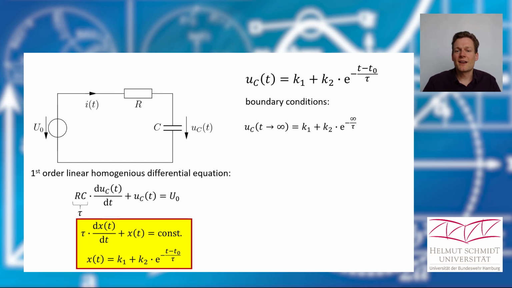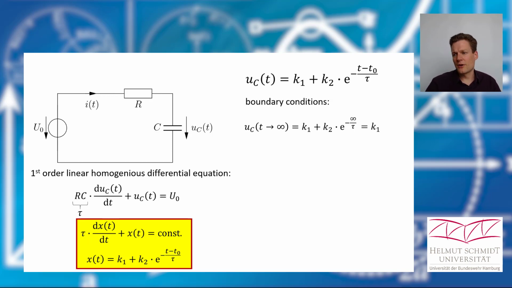So that means that we have an e function of e to the power of minus infinity. E to the power of minus infinity is 0. That means that our equation is just k1 if we put infinity for our time variable t. Okay, that is the mathematics stuff.